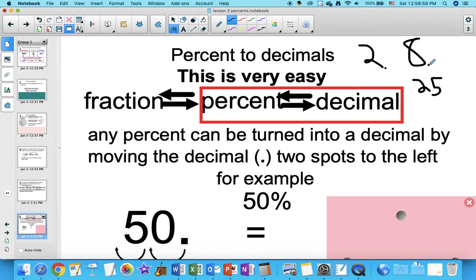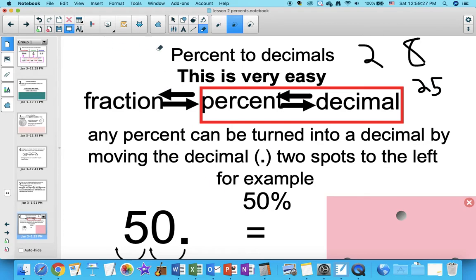It's just invisible. 2 is the same as saying 2.0. 8 is the same as saying 8.0. 25 is the same as saying 25.0. But mathematicians are lazy, and they don't write the 0 because there's no number after the 8, after the 2, or after the 25.